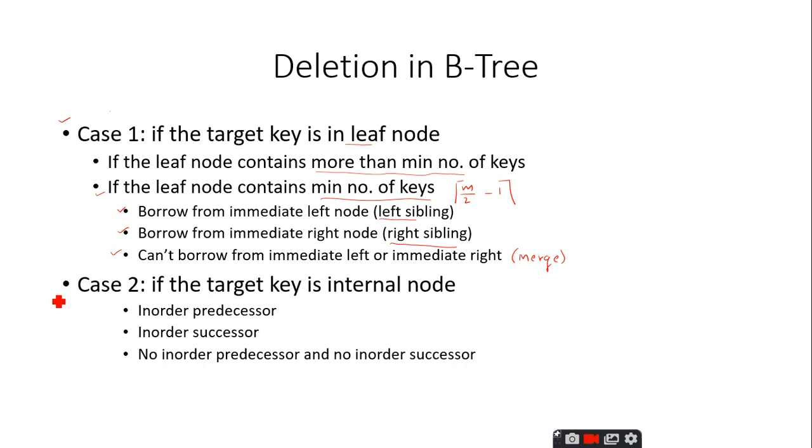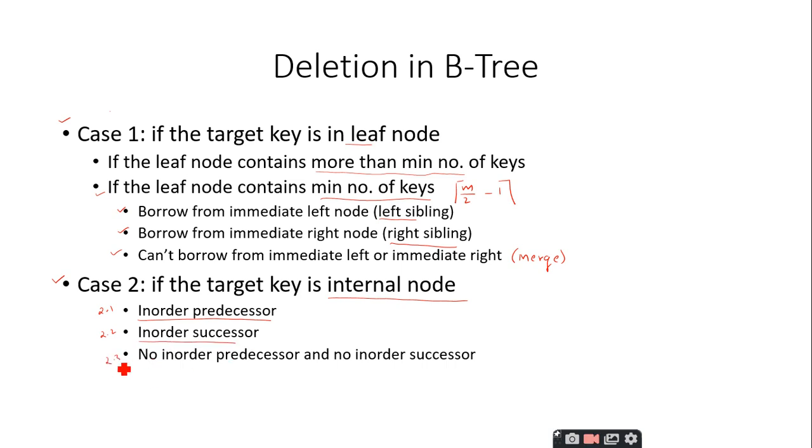And in today's session we will discuss the concept of deleting a key which is present in an internal node, right? We have three different cases here. Case 2.1: you can choose the in order predecessor. Case 2.2: you can choose the in order successor.